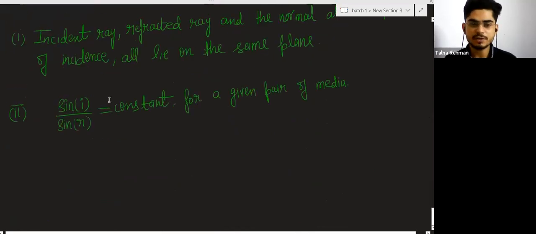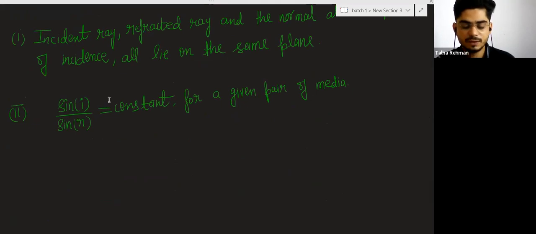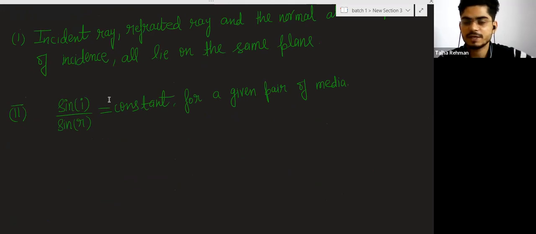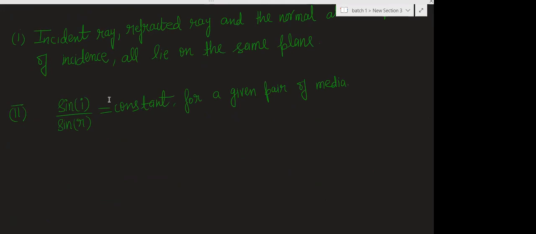If you take sine of angle of incidence and sine of angle of refraction, you have a chapter in 10th class, trigonometry I think, right? Yes. There you will study sine theta, cos theta, sine, cos, tan, and all of these things. Yeah, we already did. Then it's good.